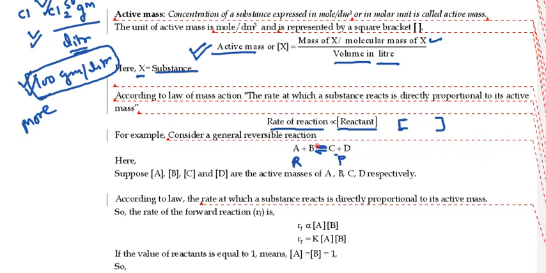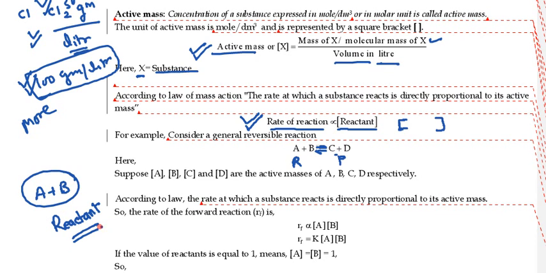Both are allowed to interchange with each other. If we follow this same equation, for the forward reaction, A and B work as your reactant part.